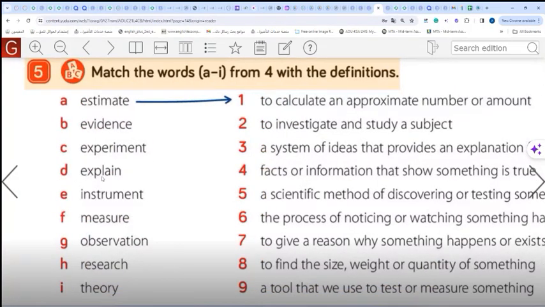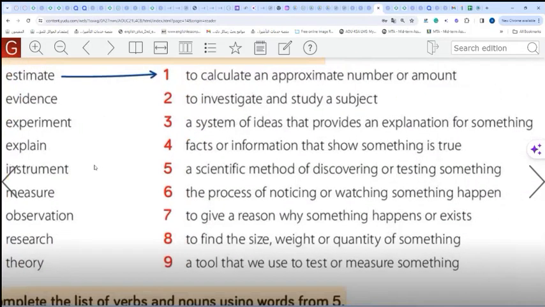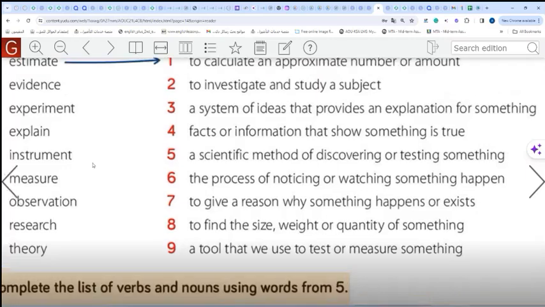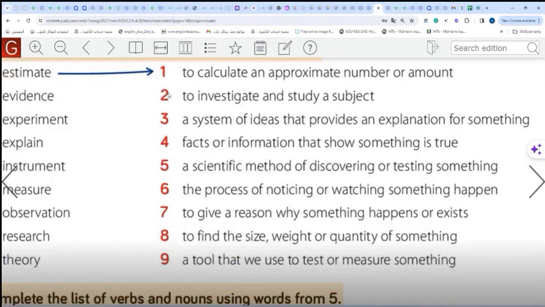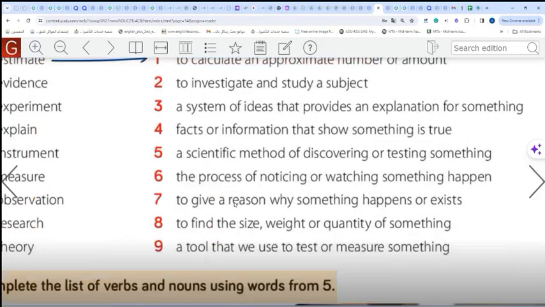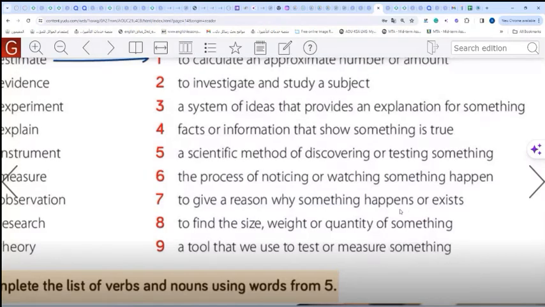What do you mean by explain? So what are you going to choose? So one, to give a reason something happens or exists. Yes, number 7, as you said. So explain means to give a reason why something happens or exists.